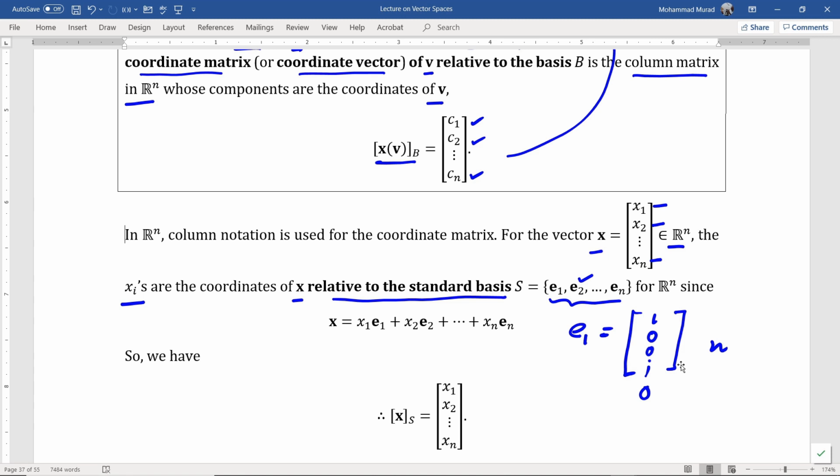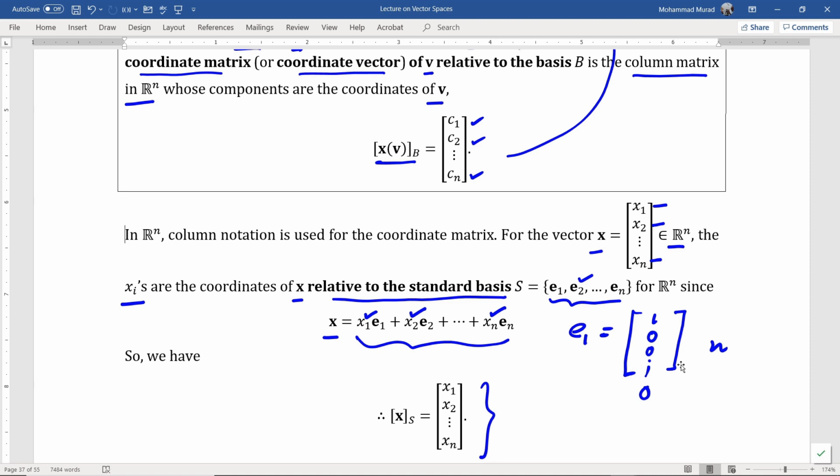So we can express the vector x as a linear combination of the vectors in the standard basis S, as shown in this equation. The coefficients x sub 1, x sub 2, all the way up to x sub n, written in column form, give the coordinate matrix of the vector x.